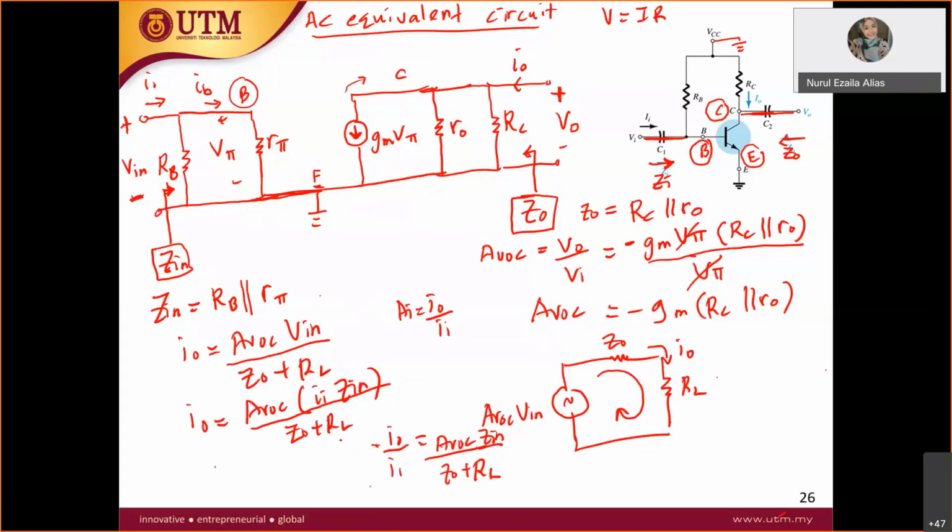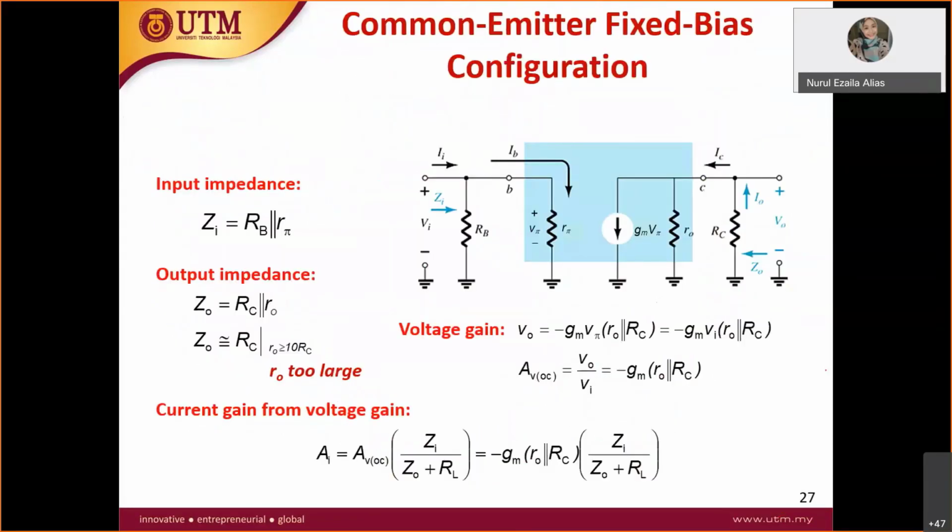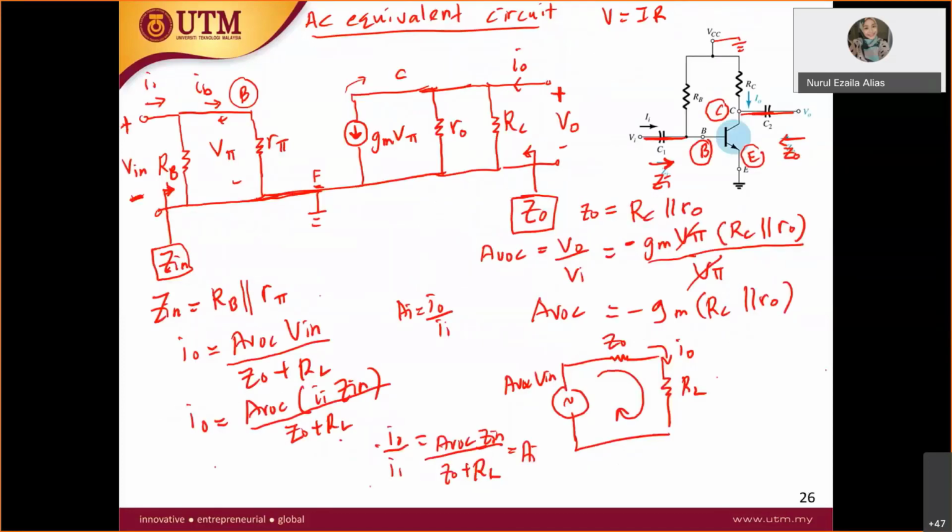Doesn't matter. So this is your current gain. That's how you get the derivation for the current gain. I have to write AVOC V in one more time. So I in is equal to the AVOC Z in over Z out plus RL, where the AVOC you already got the equation here: negative gm v pi, RC parallel r naught.